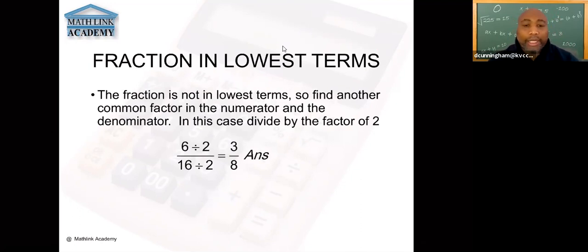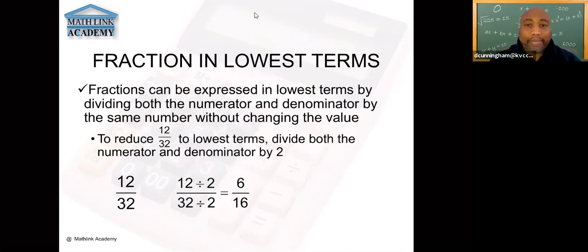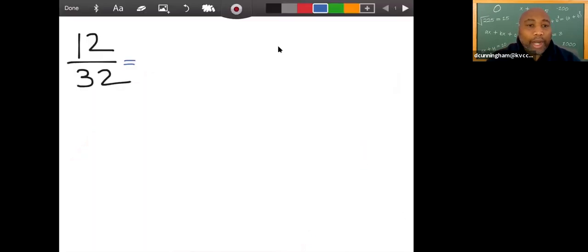Let's look at another one using the same example. I'm going to go back to the beginning, and I want to show you something that we also could have done to get the same answer. On our whiteboard, we're going to use the same number we did before, 12 over 32. This is our proper fraction, same number, same fraction.